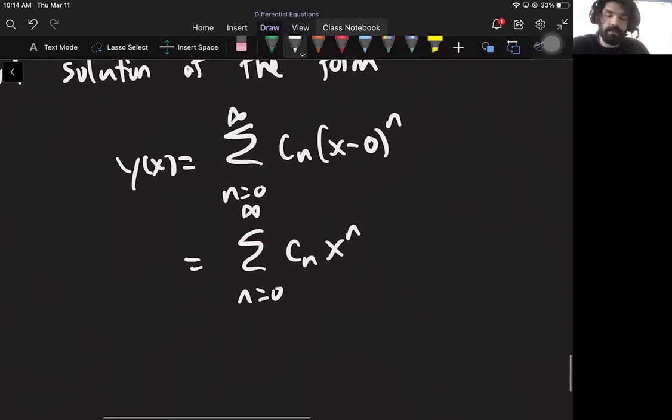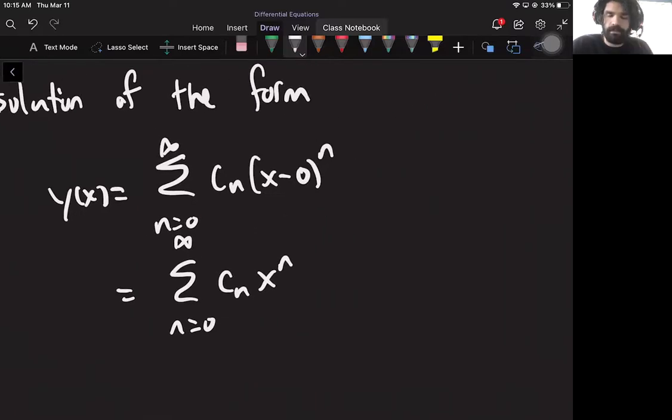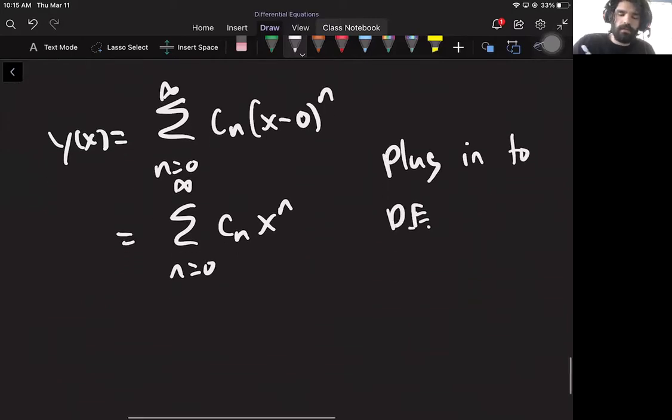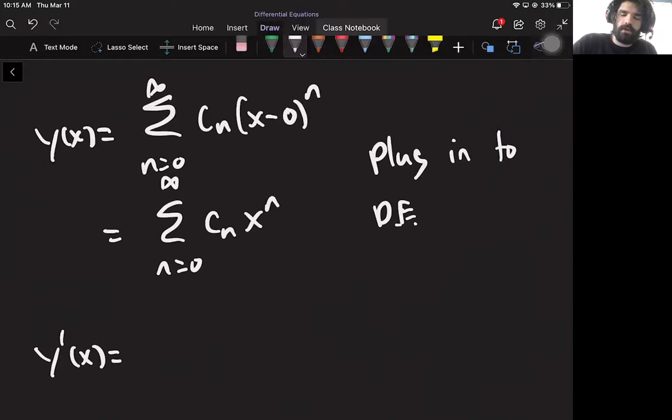And now we're going to plug this into the DE. So we need the derivatives. Now, how do I take a derivative of this thing? Well, each term is just a number, a constant times x to the n. So what's the derivative of that? I just bring down the power.